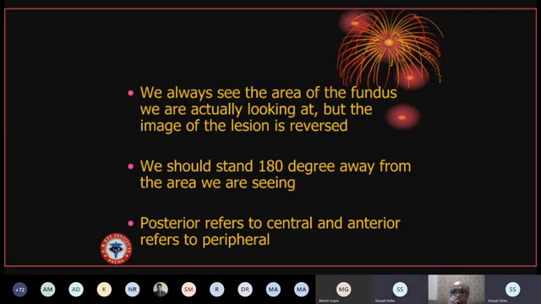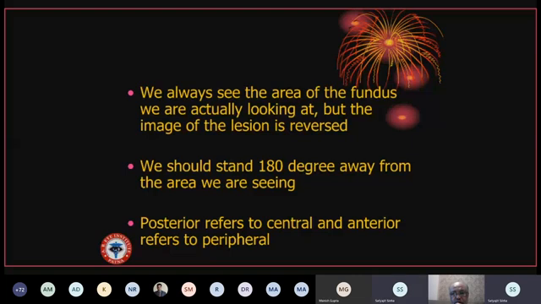Sometimes in the beginning we also had a doubt, that we are seeing the lesion in the superior temporal quadrant but actually it is in the inferior nasal quadrant. It's not like that. You have to make it very simple. Wherever you are seeing the lesion, it is actually right there. So if it is the right eye, superior temporal quadrant, the lesion is in the superior temporal quadrant. If it is the left eye, 6 o'clock position, the lesion is actually at the 6 o'clock position. The only difference is that you are seeing it upside down and laterally reversed.